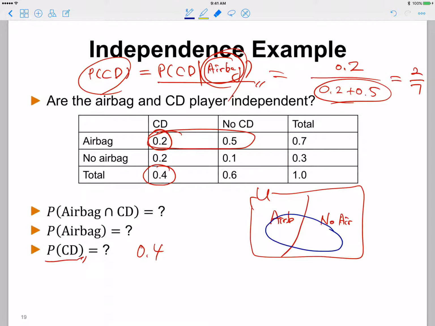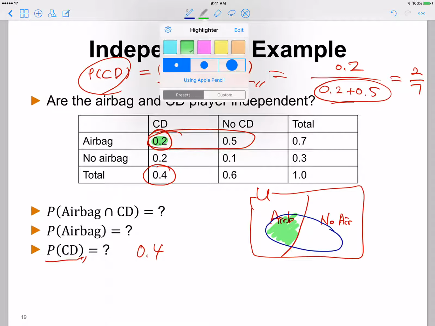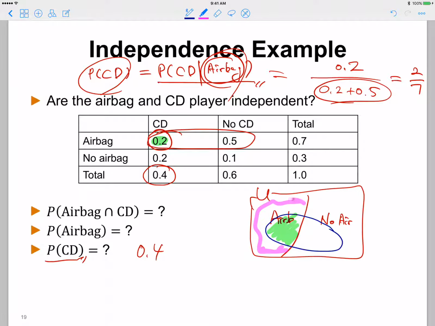Okay, then this part is the case of having both airbag and CD. And so here, right? And then this part is what? This part is corresponding to this, right?